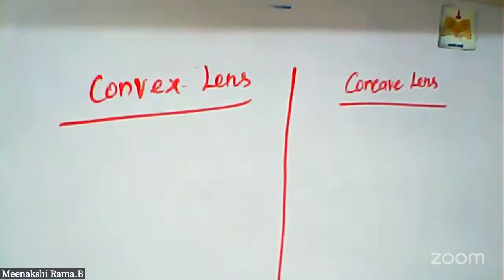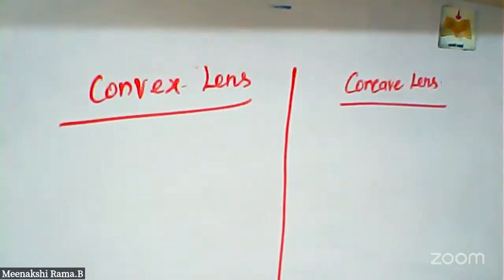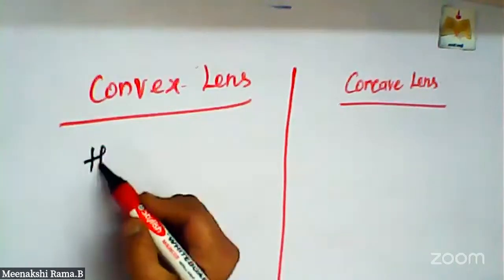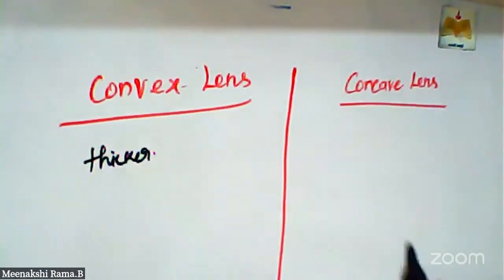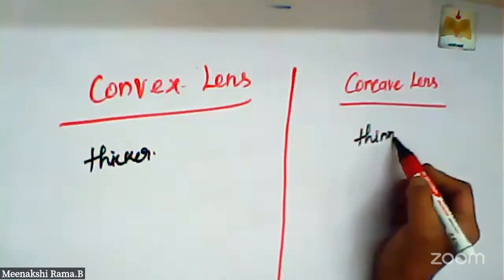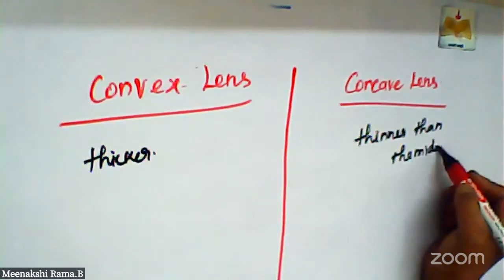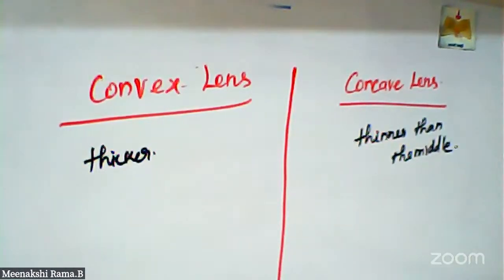A convex lens is thicker in the middle than at the edges. Convex lens means the middle is the thicker point. The convex lens is thicker in the middle and thinner at the edges, and the concave lens is thinner in the middle. So this is the first difference between convex and concave.